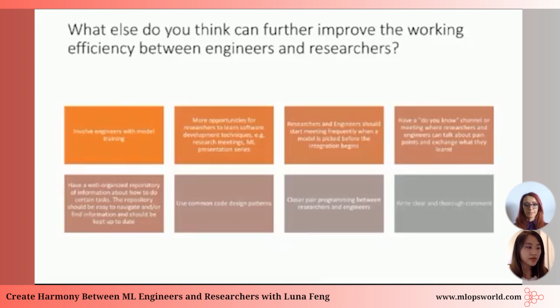Code reviews are definitely the number one helpful thing to have both roles on the same page. This also helps the engineers refactor the code and understand the output. In terms of unit tests, for machine learning researchers' code it's a little bit tricky because we don't really know what the output from the data will be.